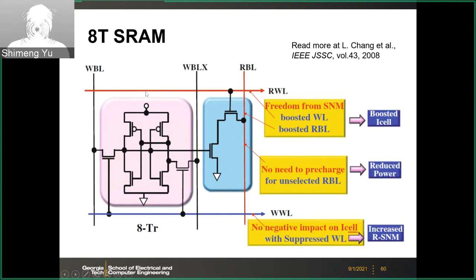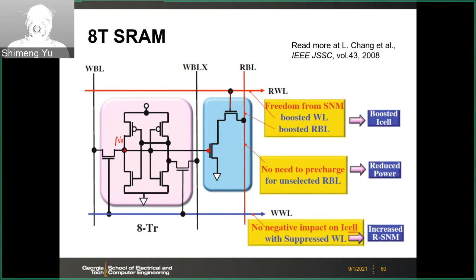So you have an additional read word line, RWL, and an additional read bit line, RBL. The two passgate transistors here are in series. One of them is connected to your storage node, like your N1 node, and the other one is enabled by the read word line.